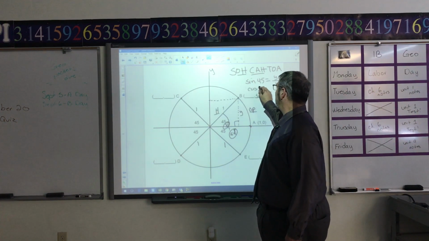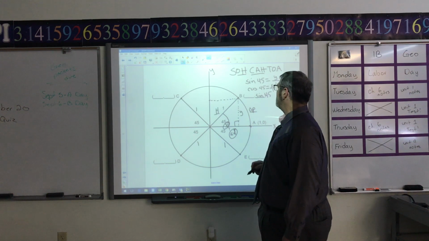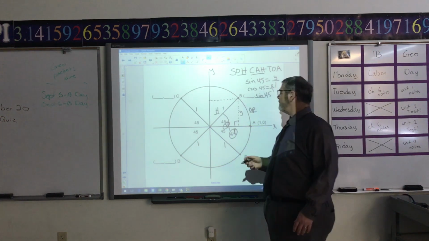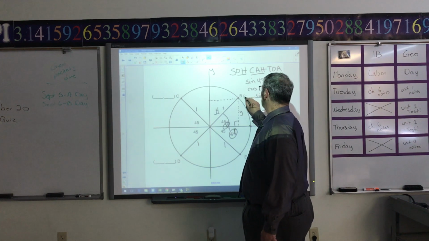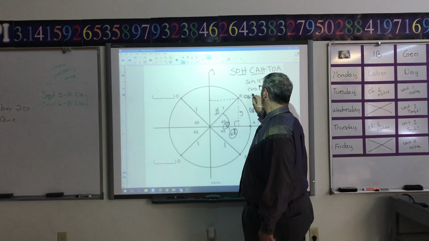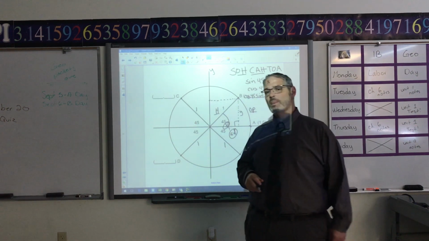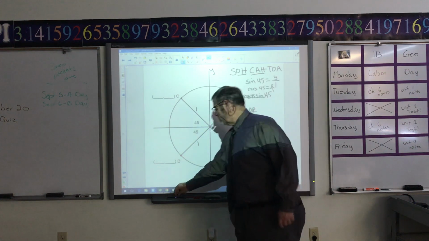The cosine of 45 is equal to x over 1, and obviously x over 1 is just x. Therefore, my x value here is going to be the cosine of 45. Does that make sense?